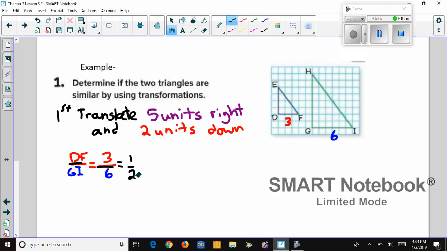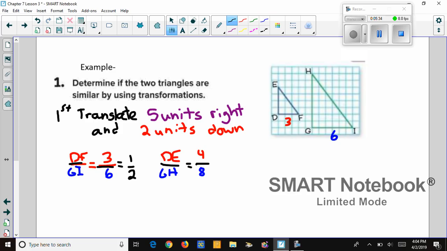So for DE and GH, let's fill in their lengths. DE is 1, 2, 3, 4 spaces, while GH is 1, 2, 3, 4, 5, 6, 7, 8 spaces.